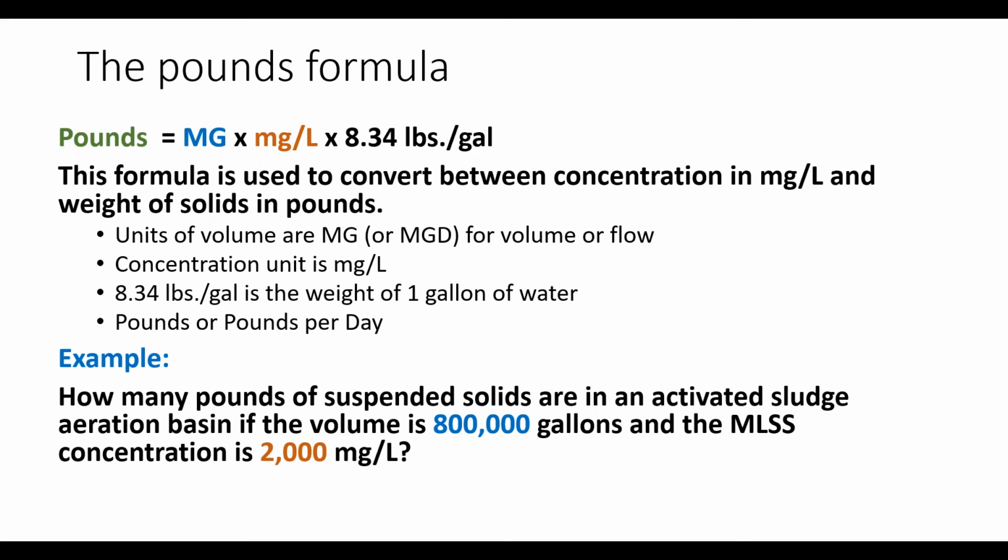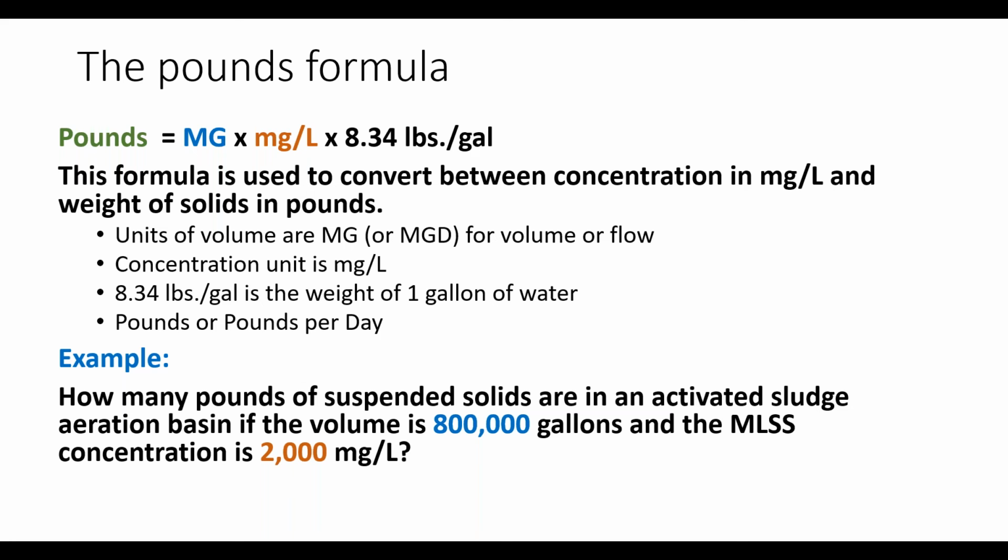Here's an example. How many pounds of suspended solids are in an activated sludge aeration basin if the volume is 800,000 gallons and the mixed liquor suspended solids concentration is 2,000 milligrams per liter? Well, right away, we're going to have to do a little conversion with that 800,000 gallons. We can either divide by a million or move the decimal place to the left 6 places, but that's going to end up being 0.8 million gallons. Does everybody see that?